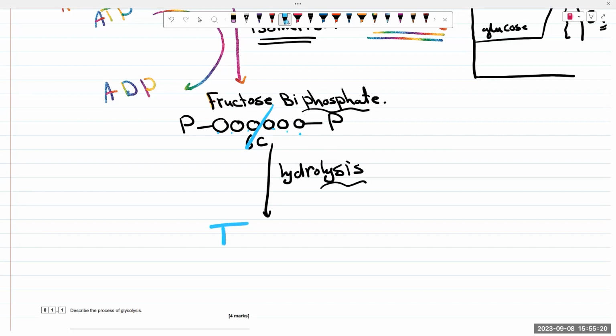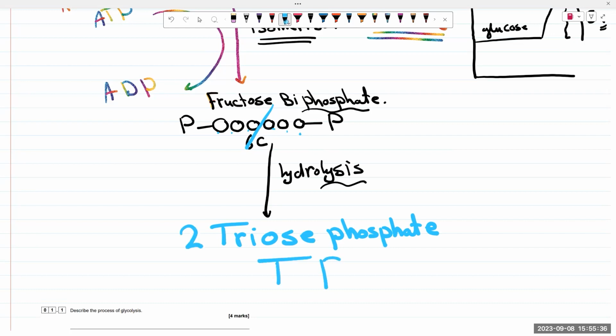So this is triose phosphate, and 2 triose phosphates will be given, which we can simply call TP. So once the activation reaction happens, triose phosphate will be formed due to the hydrolysis of fructose bisphosphate into 2 triose. Is it clear?